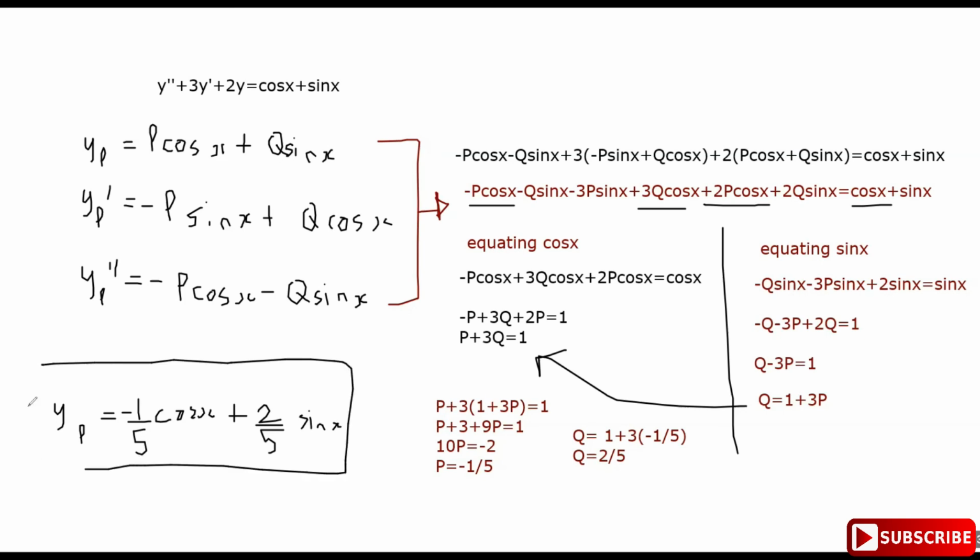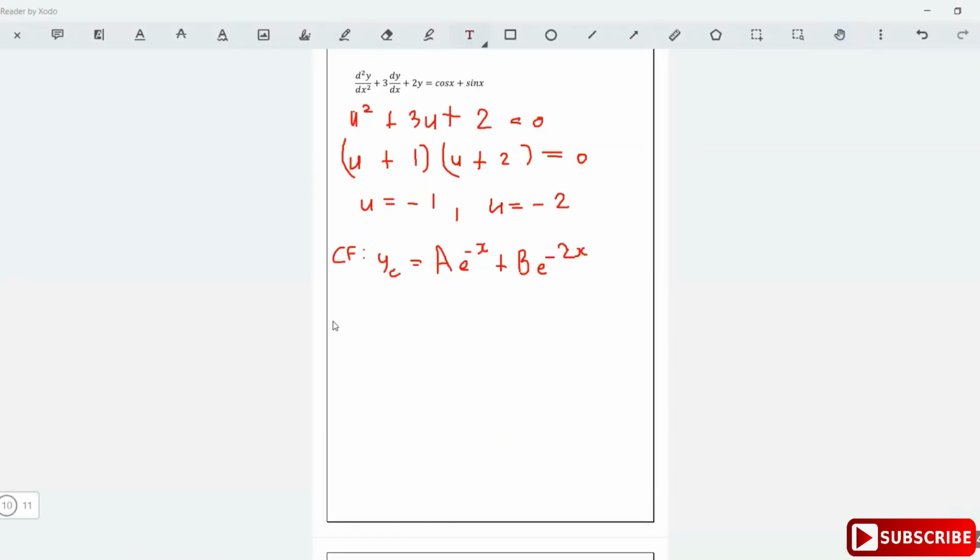Once you do this, we're good, because now we're able to put our solution together. So now we can write our general solution. Our general solution, remember, is equal to the complementary function plus our particular integral.